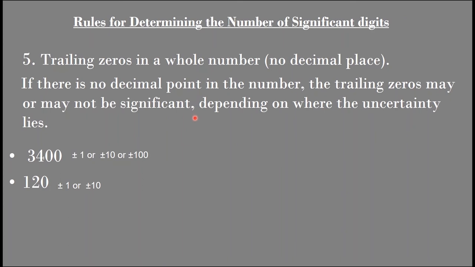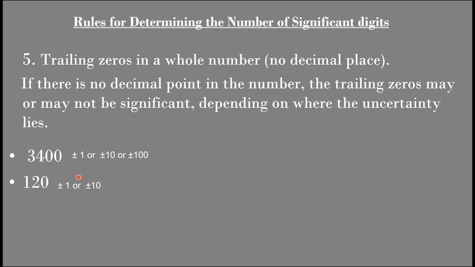The last rule to determine the number of sig figs is for trailing zeros in a whole number with no decimal point. If there is no decimal point in a number, the trailing zeros may or may not be significant depending on where the uncertainty lies. Let's look at the example here. Writing 3400 is okay if it is an exact number. However, if the number is a measurement, then leaving out the decimal point will create ambiguity, as without a decimal point there are three ways to interpret it.